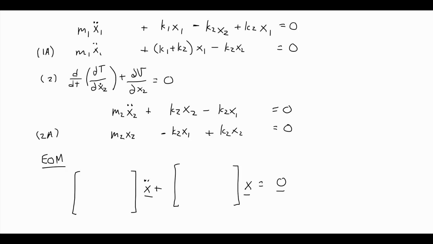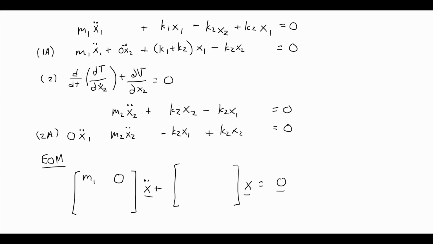So equation 1A, I just need to fill in the correct spots here. So m1 ẍ1 plus 0, just so we can see what it looks like, plus 0 ẍ2 is implied, but I'll put it explicitly there. And then the same thing here, this will be a 0 ẍ1.